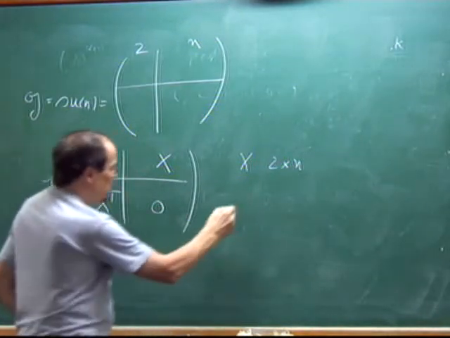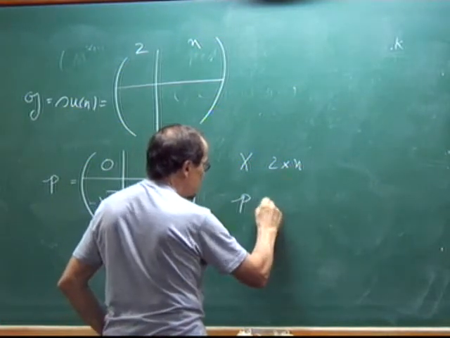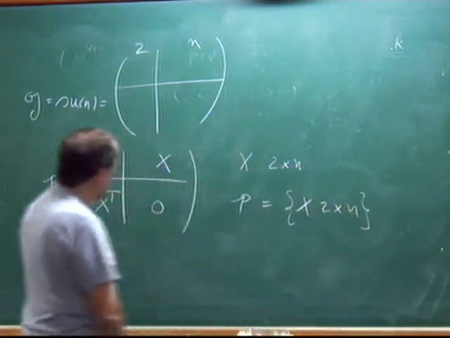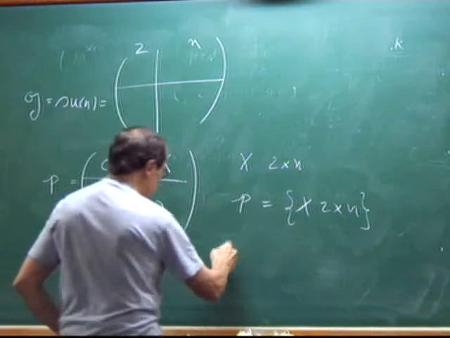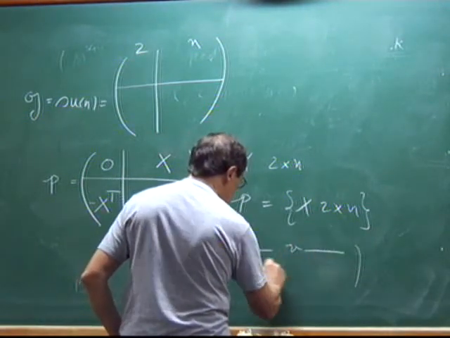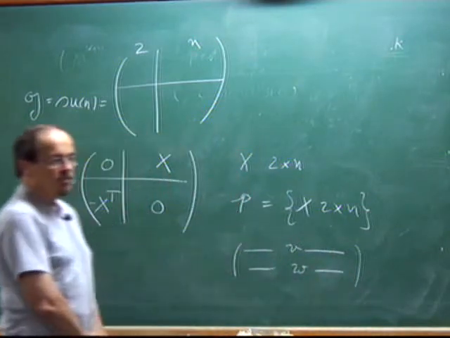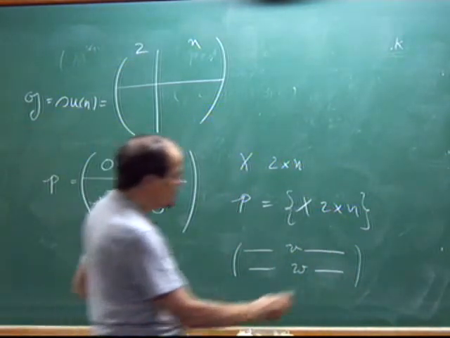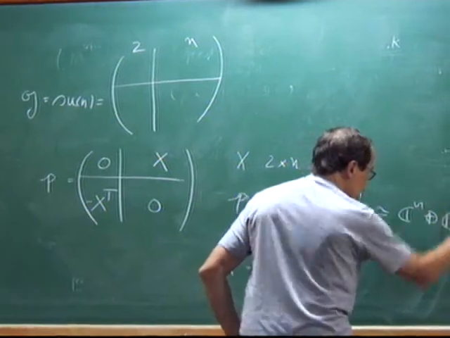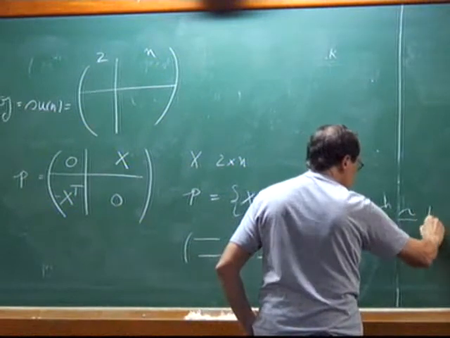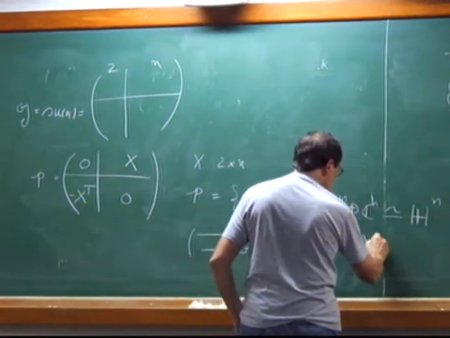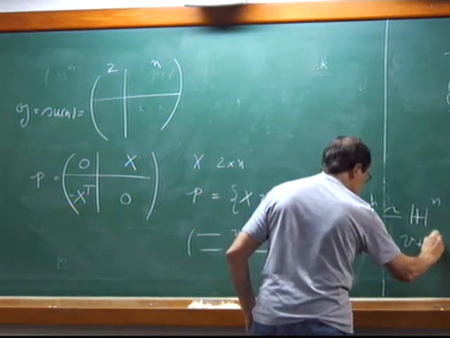So I could then identify P with a set of such X's, which I can think of as two vectors. Right? So my X has two rows given by two vectors. That means I can identify this here with Cn plus Cn, which I identify in the usual fashion with Hn. We're taking the two rows into V plus JW.